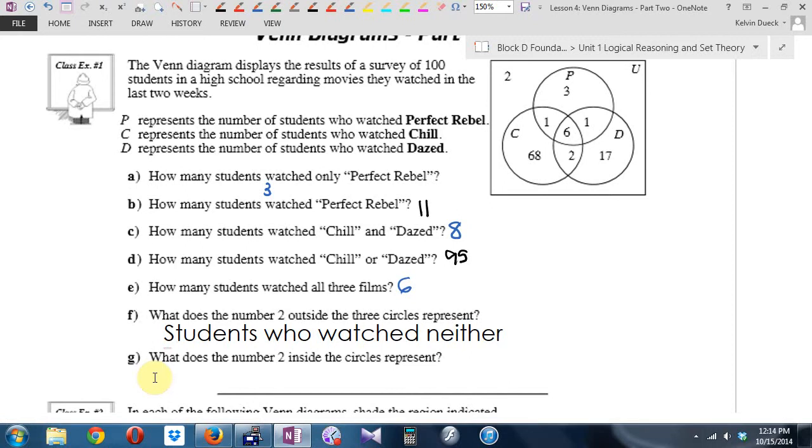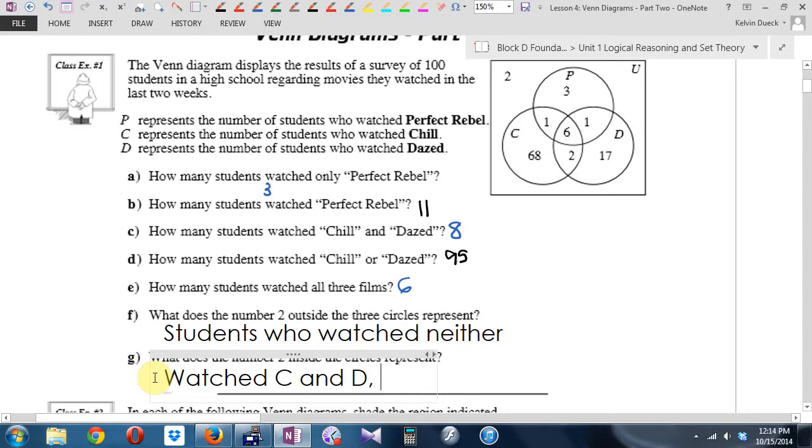Oh, hey. Well, heck, I'll show you some notation later. Watched C and D, but not P. Later on, we'll show you some handy shorthand for things like not, but not yet.